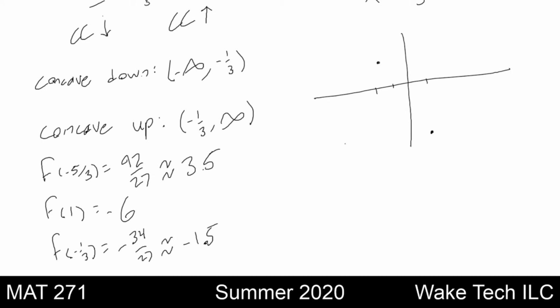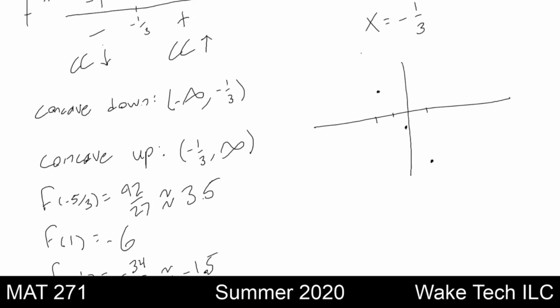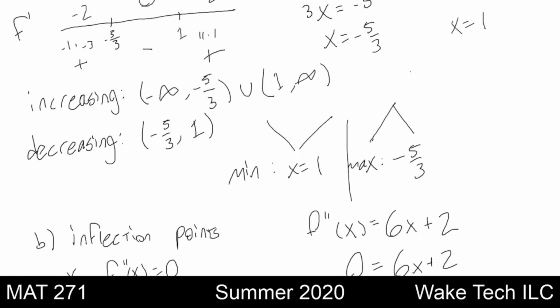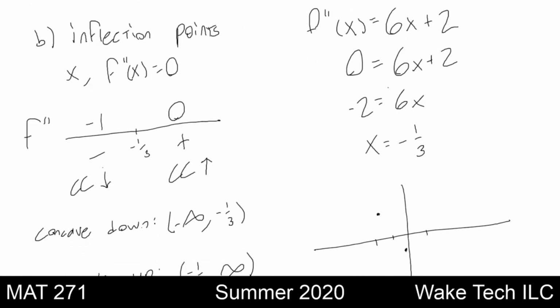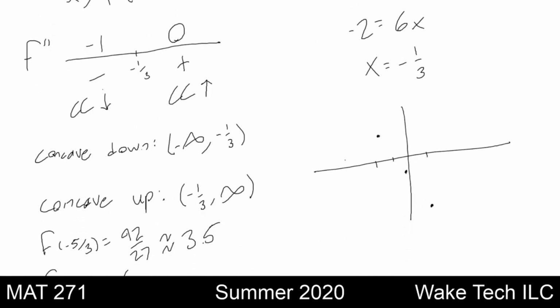We're not trying to be perfect about it, just good enough. And finally, negative 1/3 and negative 1.5, so somewhere about here. Now, at negative 5/3 it was a maximum, and at positive 1 it was a minimum.